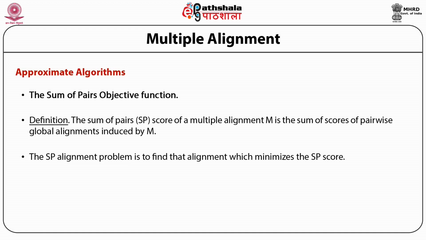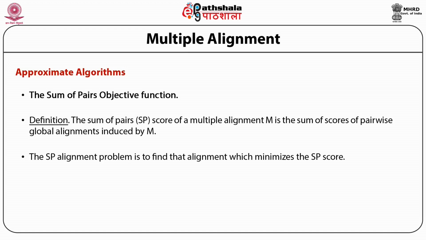Each pair, suppose a 2-sequence alignment was done and the best alignment score was obtained, say S is that alignment. The sum of those would be the best possible alignment that you can get. The sum of the scores of all the pairs that you can make would obviously be the highest possible score that you can get.